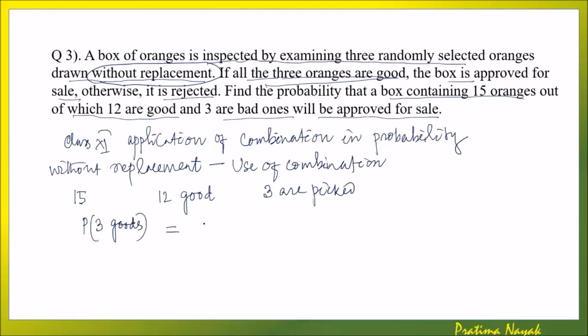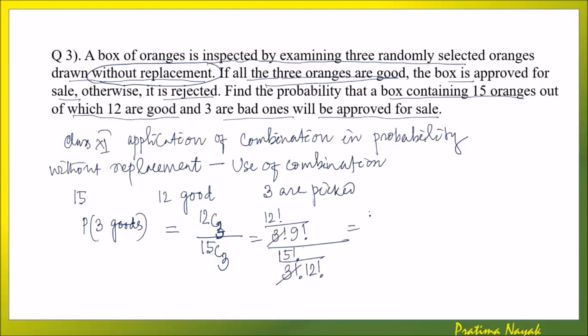I'll take 3 goods from your goods, 12 combination 3, because I'm taking 3 not 2, and here I'll take 15 combination 3. So that will be 12 factorial by 3 factorial into 9 factorial by 15 factorial in by 3 factorial into your 12 factorial.